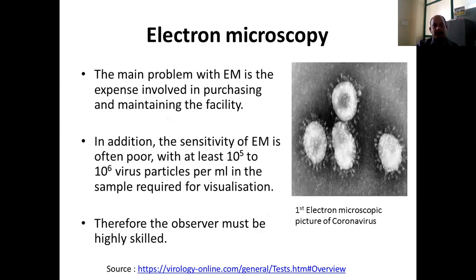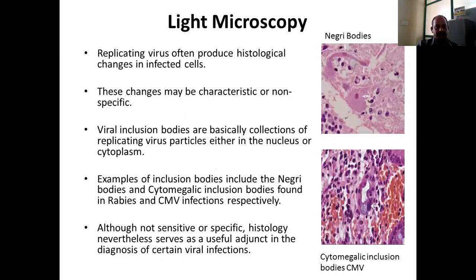The main problem with electron microscopy is that it is expensive, involving maintenance and purchasing costs. In addition, the sensitivity of electron microscopy is often poor, with at least 10 raised to 5 to 10 raised to 6 virus particles per ml in the sample required for visualization. Therefore, the observer must be highly skilled.